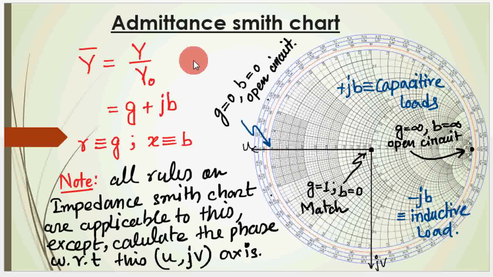Now the rules are the same for the admittance Smith chart as for the impedance Smith chart. The upper side is positive JB and the lower side is minus JB, and the R circles are equivalent to the G circles, the conductance circles, and the B circles are called the susceptance circles. Now in the impedance Smith chart, the upper side was the inductive type, and in this case the upper side is the capacitive load and the lower side is the inductive load.